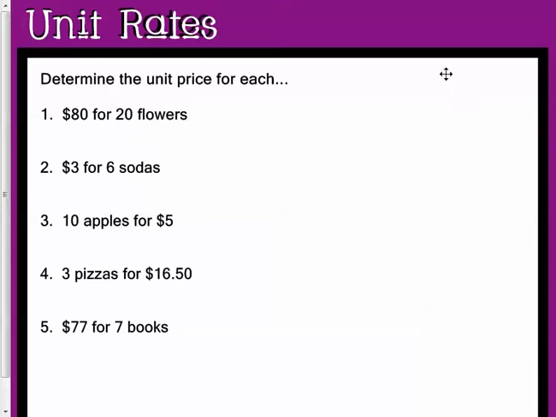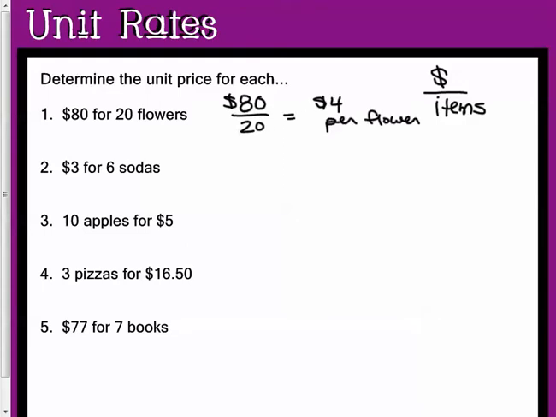We always put our money over our items. Okay, why do we do that? Well, $80 for 20 flowers would mean that I'm paying $4 per flower, right? So if I flipped them over, that would mean that I was paying 25 cents for each flower.